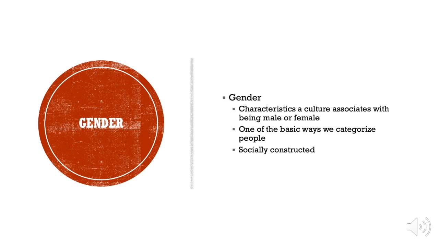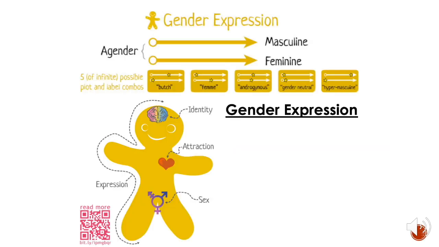So let's talk a little bit about gender expression. The reason that we say expression is because gender expression is how you show outwardly which gender you identify as. And so, are you going to be masculine or feminine? Are you going to be androgynous? Are you going to be gender neutral? Are you going to be hypermasculine?